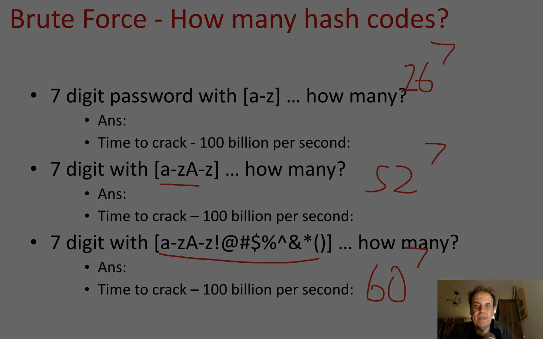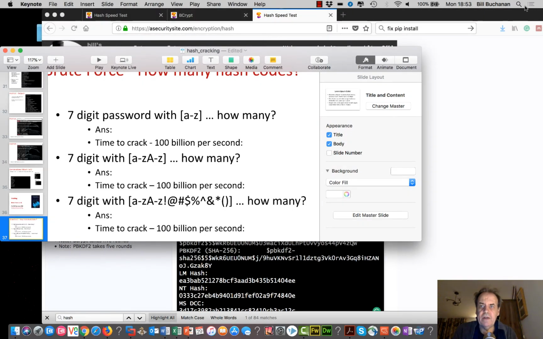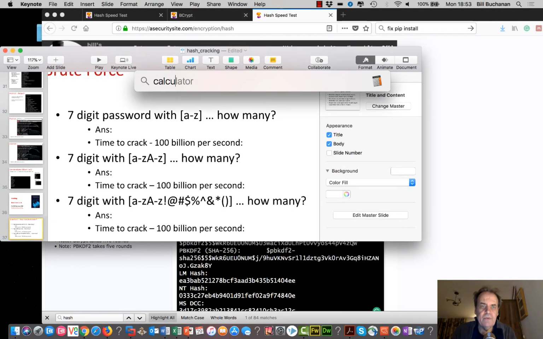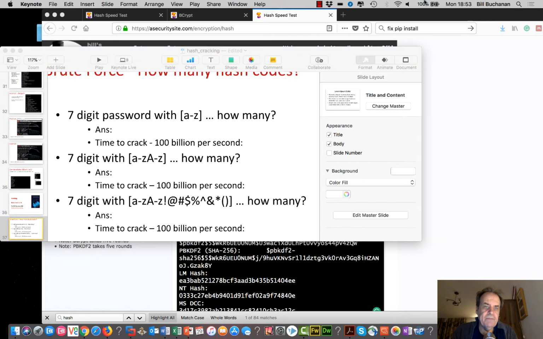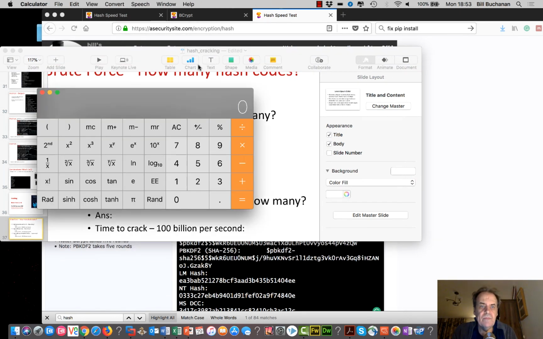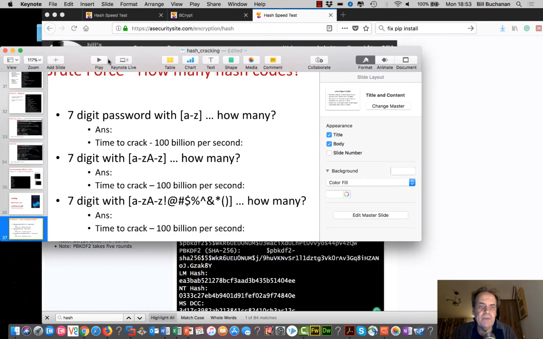So we can use our calculator to work that out. So 26 to the power of 7 gives us that number of passwords. Then if we want to find out how long it's going to take, if it takes 100 billion cracks per second, then it'll take 0.08 seconds to crack all of the passwords.